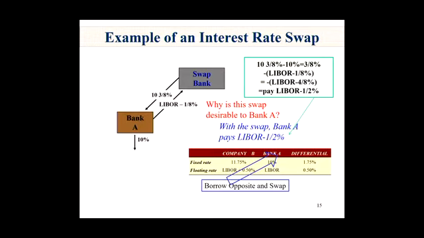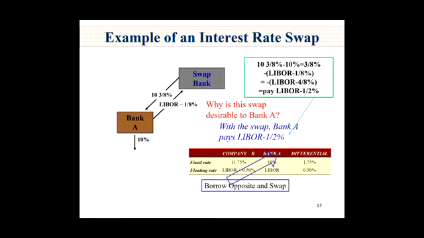They're going to receive 3/8% after those two transactions. They then pay back the swap bank at LIBOR minus 1/8. So the 3/8 that they're receiving minus the LIBOR minus 1/8 that they're paying ends up as LIBOR minus 0.5.